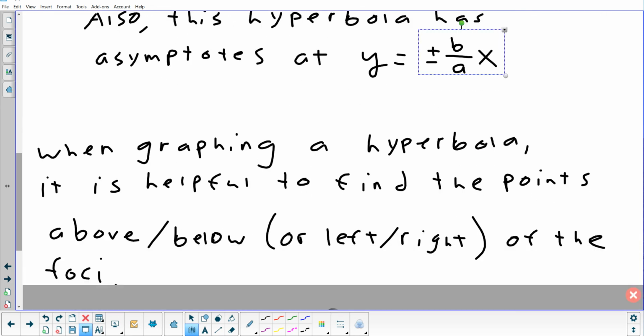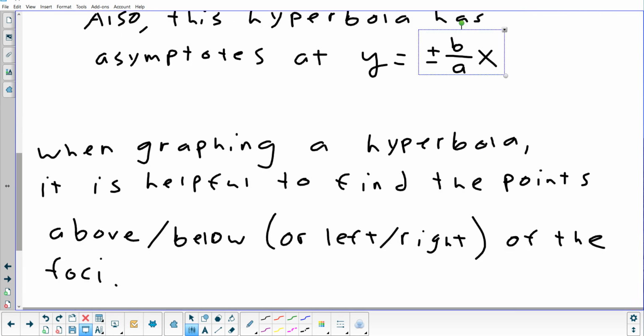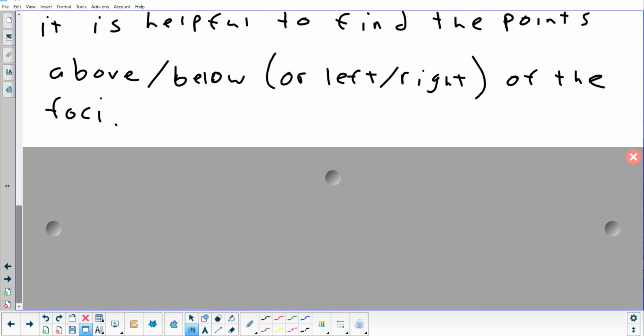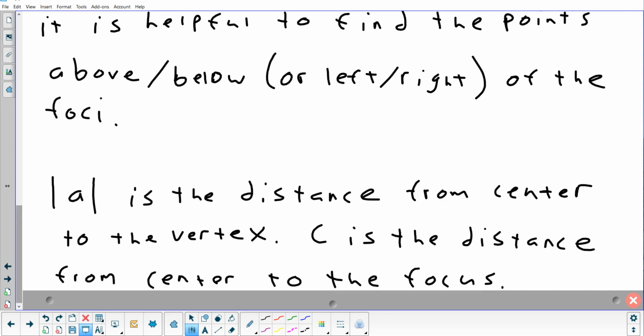Okay, so when we're graphing a hyperbola, I think we're just going to go with the asymptotes. We're not actually going to find other points. So again, a is the distance from the center to the vertex. c is the distance from the center to the focus. Now, I didn't write down today that a is always bigger than b. That might not be true.